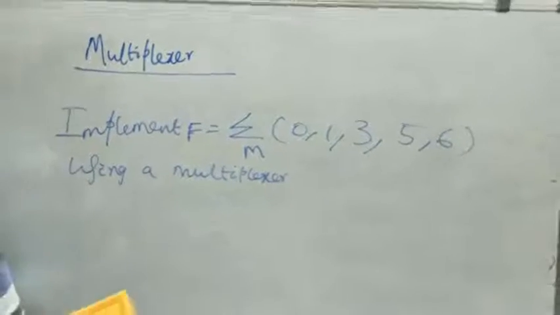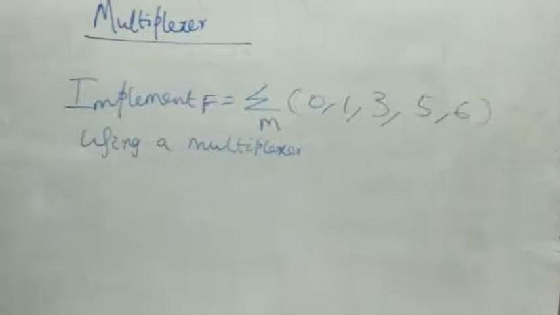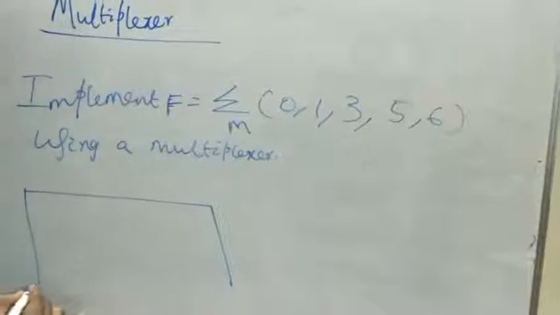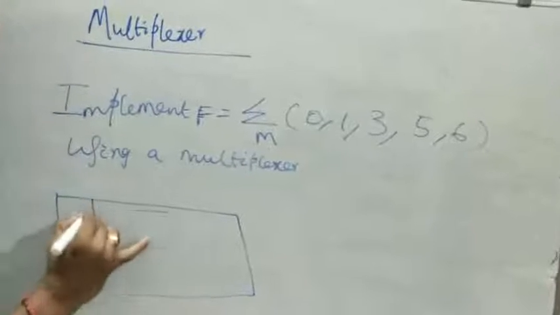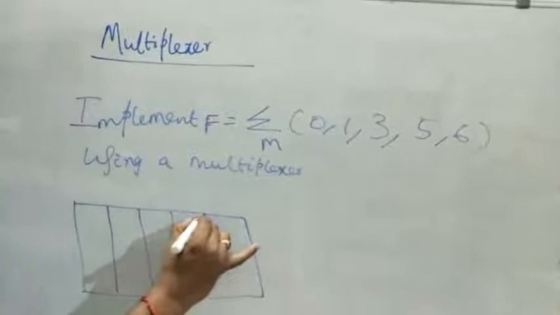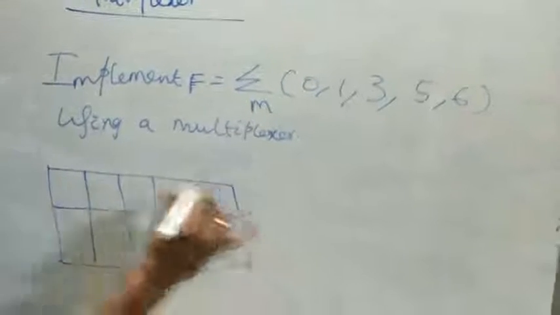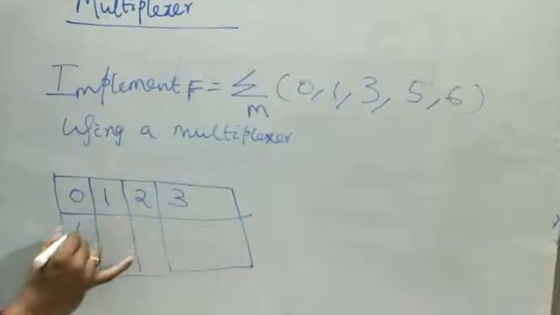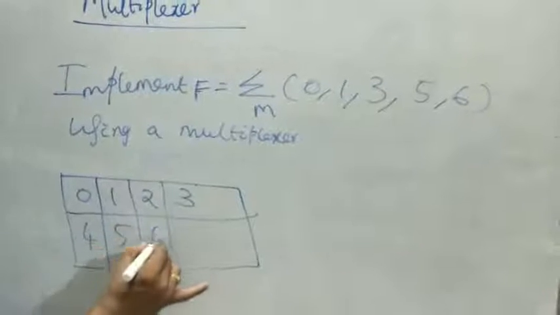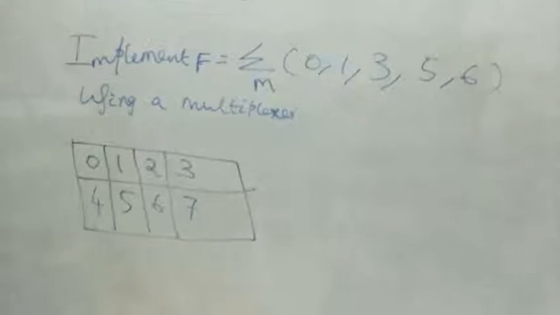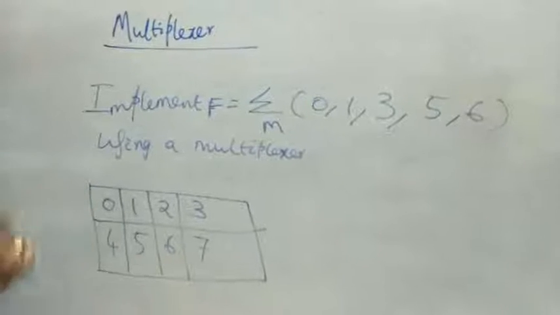That is the first step you need to do. 0, 1, 2, 3, 4, 5, 6, 7. Just start circling the min terms given in the problem in this.